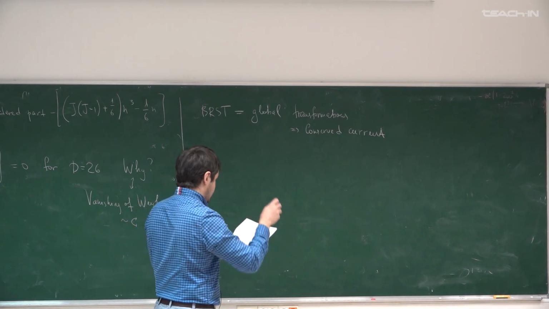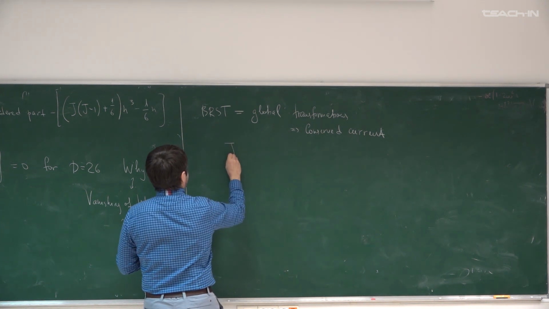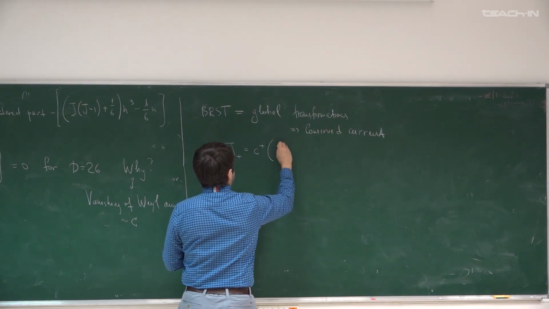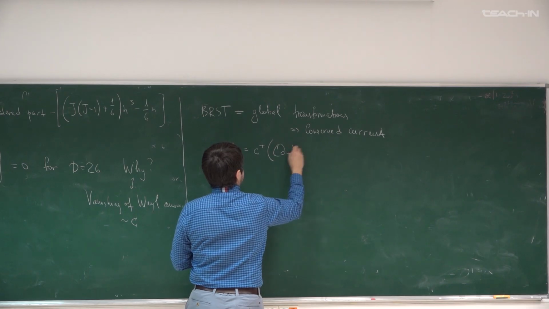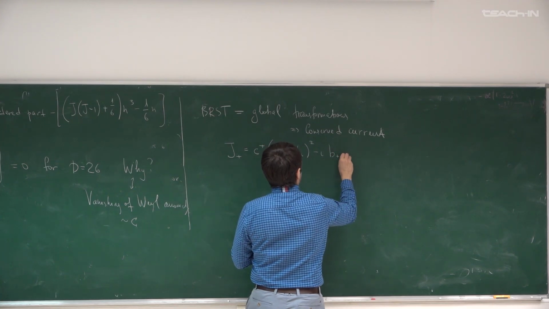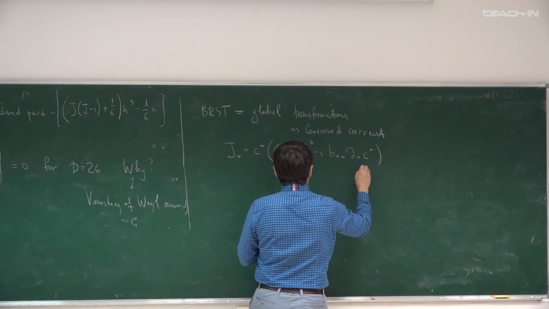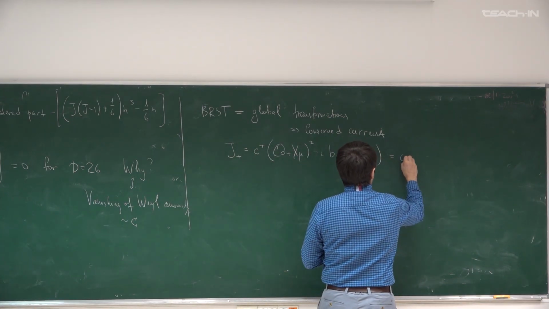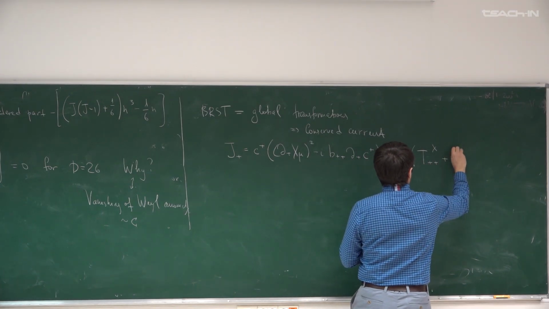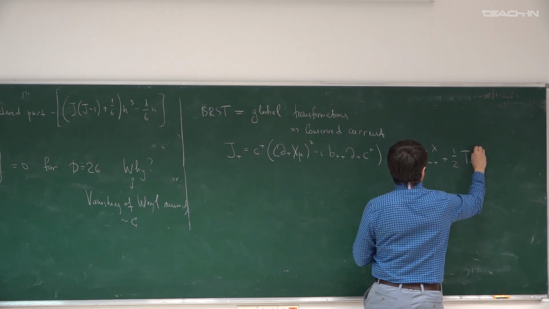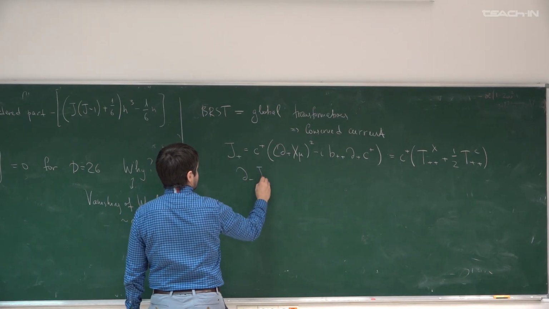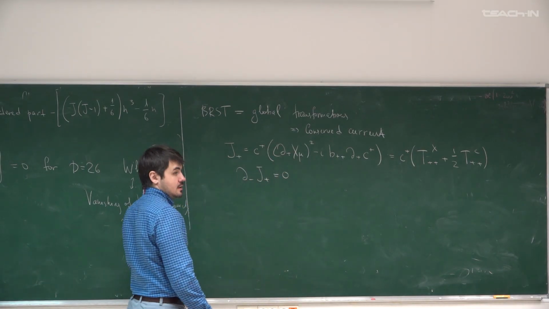If you actually derive it, it has the following form. J plus is the same as C plus times T plus plus X plus 1/2 T plus plus C. And it satisfies the conservation equation D minus J plus equals 0.